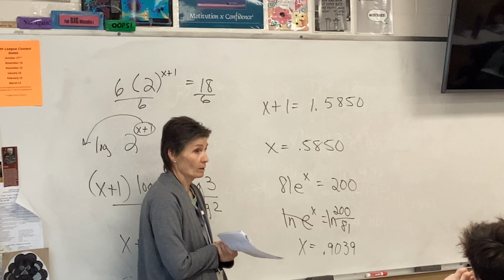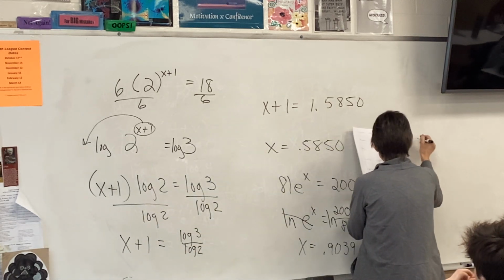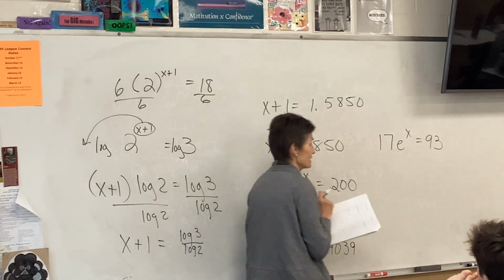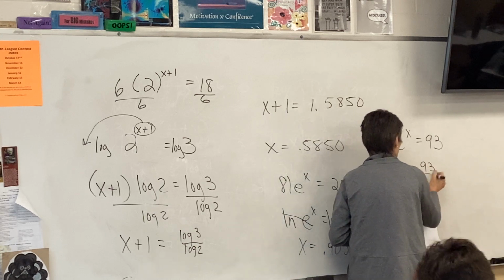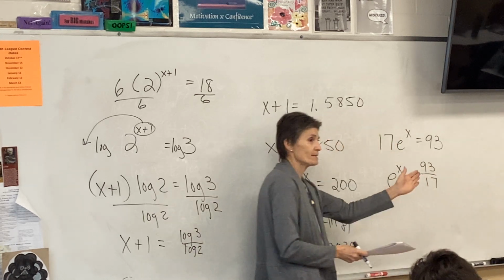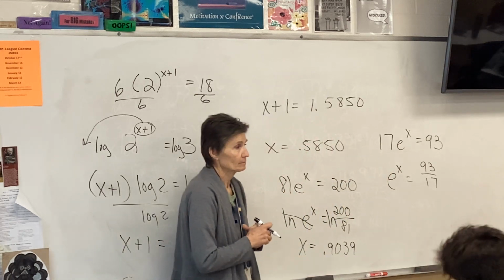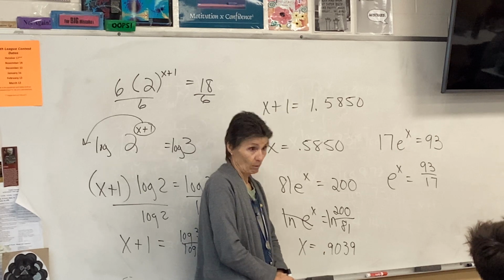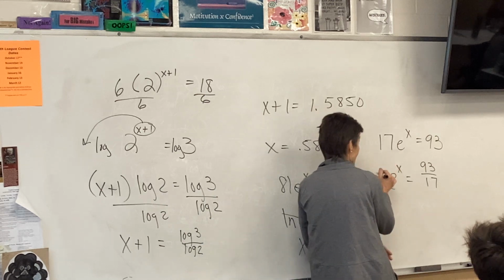Alright, one more, last problem. What do you think we should do first? Divide by 17. So e to the x equals 93 over 17, and just leave it. 93 over 17. Now what? ln both sides, that would be the easiest.